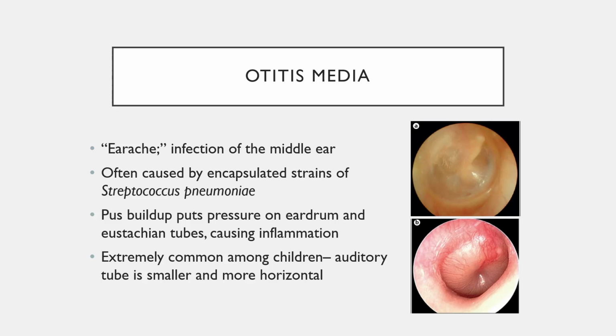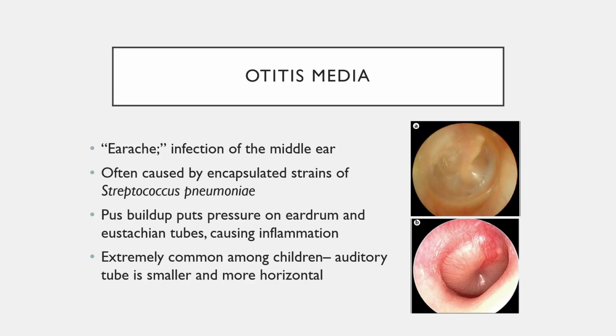In children, this is not the case because they have small, narrow auditory tubes, and because of this, they trap bacteria more easily, and the horizontal angle of their auditory tubes allows those bacteria to avoid being flushed out by the natural physical mechanisms of our immune system. So this is why infections of the ear are more common among small children as compared to adults.